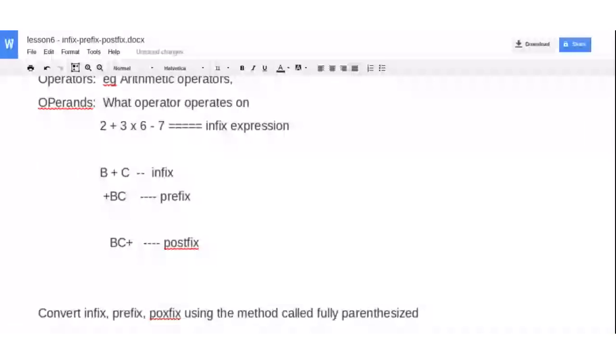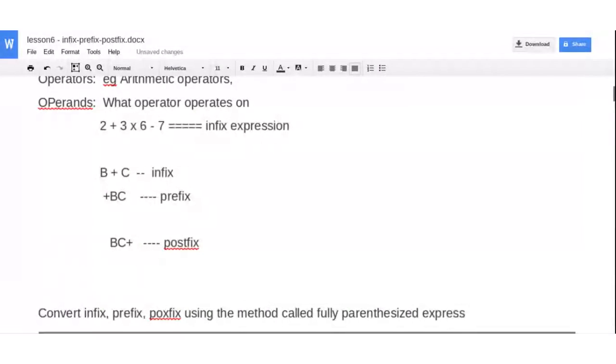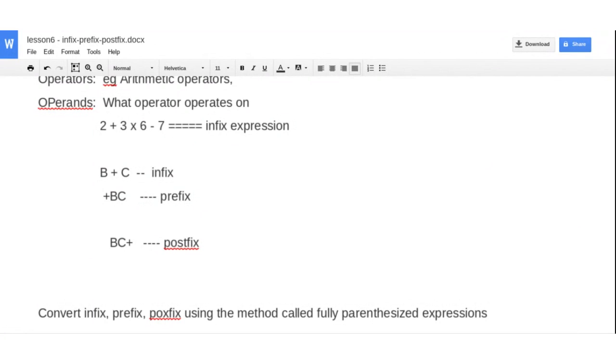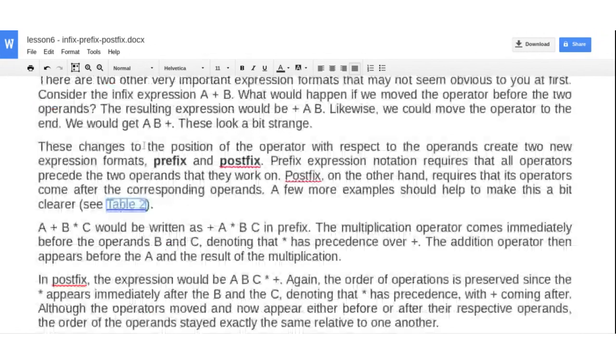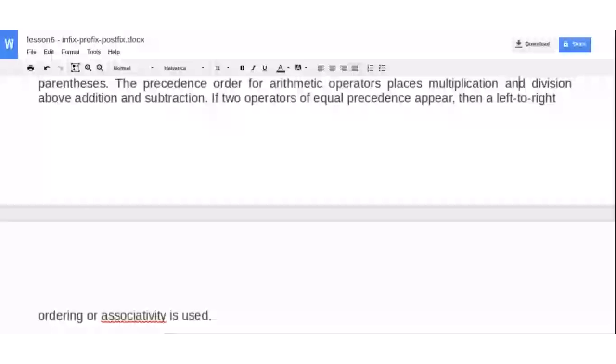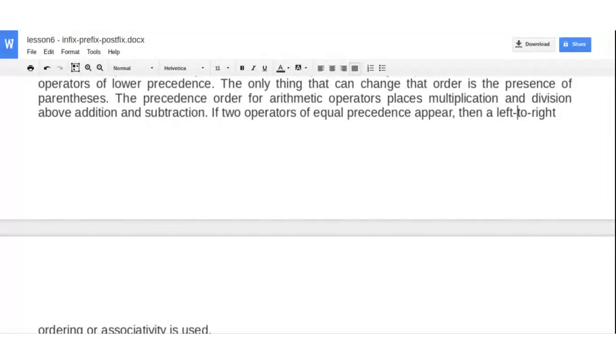This is actually borrowed from the concept of brackets. Sometimes arithmetic expressions have brackets as well. Remember, even when we talk about BODMAS, we talk about the sections of the expression that have brackets, and they do take precedence. Brackets take precedence.